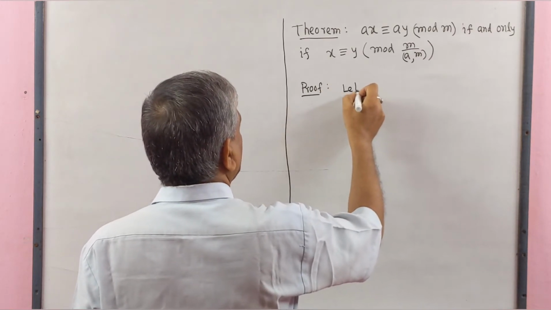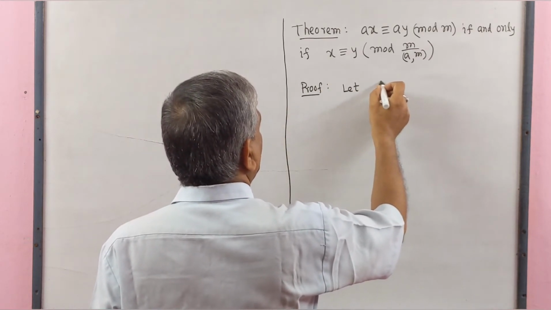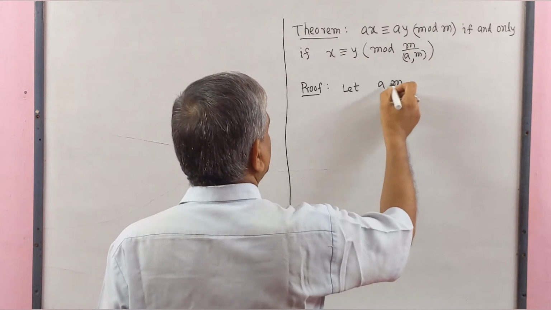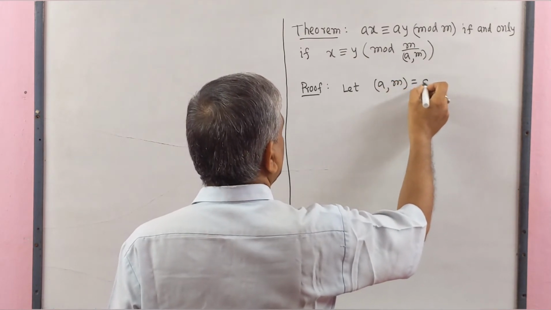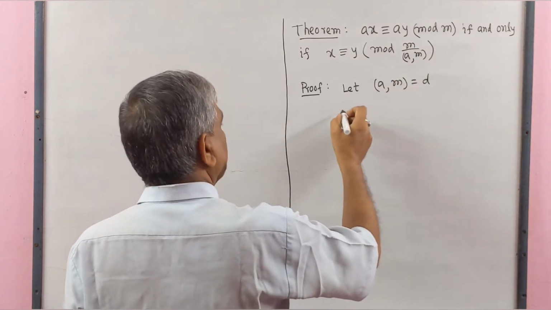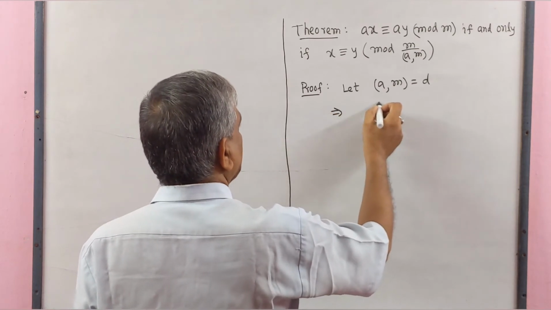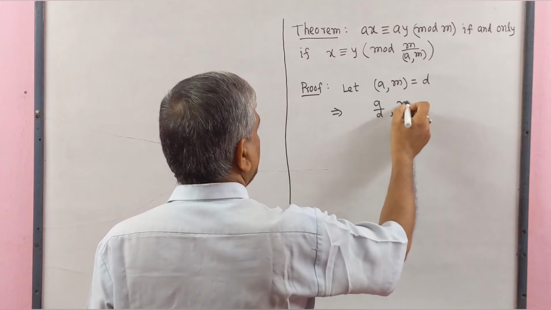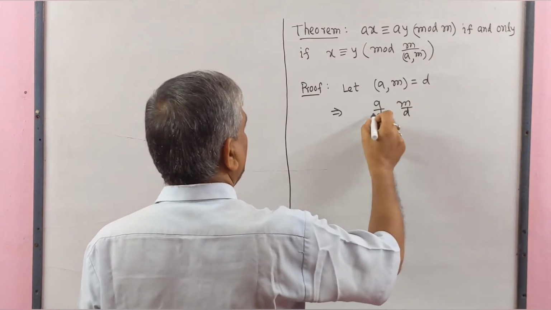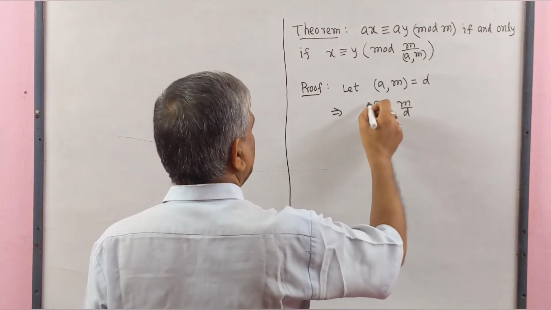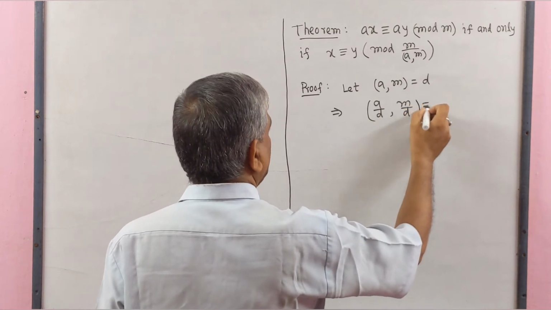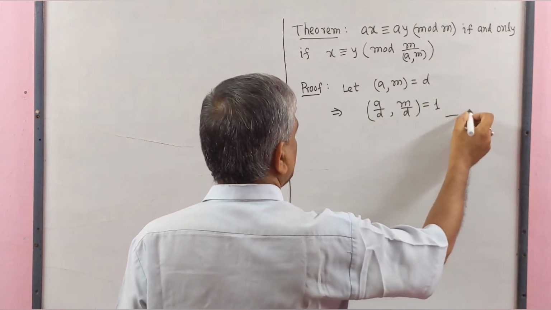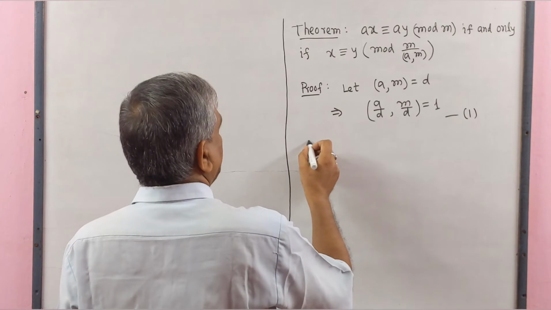Let GCD of a and m equal to d, implies that we know GCD of a by d and m by d will be equal to 1. This is number 1.